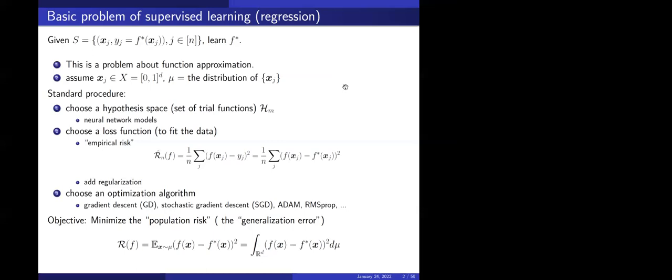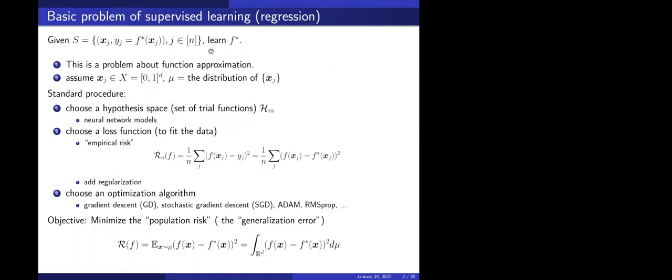Okay, so let me start with the basic formulation of the simplest problem in machine learning, namely regression, which is a special case of supervised learning. Here we're given a data set, where the data set is the function value of an unknown target function f star at some data points xj.